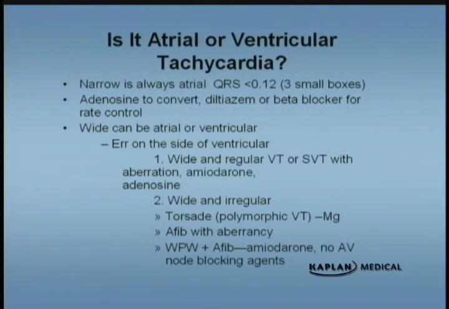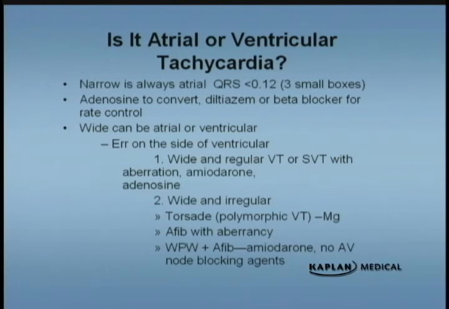It might be atrial fibrillation with aberrancy. And if you really know it's atrial fibrillation with aberrancy, we can give our standard drugs for atrial fibrillation, which are beta blockers, calcium channel blockers, and digoxin. The problem is, this wide and irregular rhythm might be WPW with atrial fibrillation.